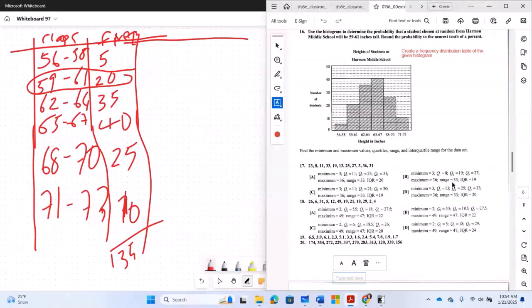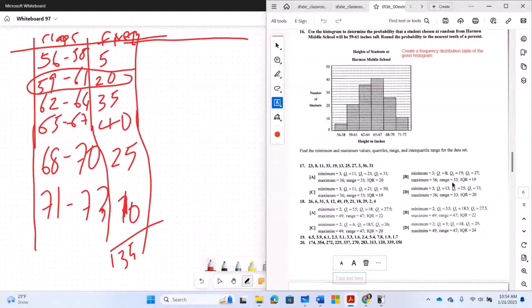We also calculated the cumulative relative frequency. We checked to see if the data is skewed right or skewed left. When data is skewed right, the mean is greater than the median. When data is skewed left, the mean is less than the median. Then we calculated the class midpoint, which is lower limit plus upper limit divided by 2.